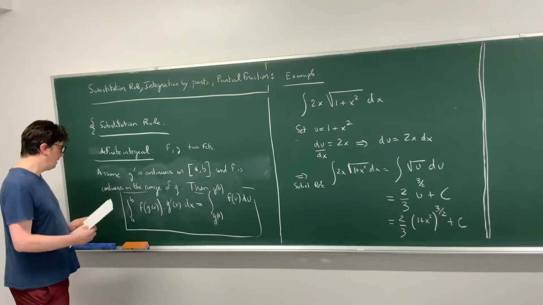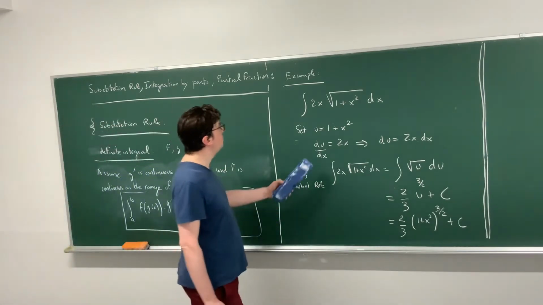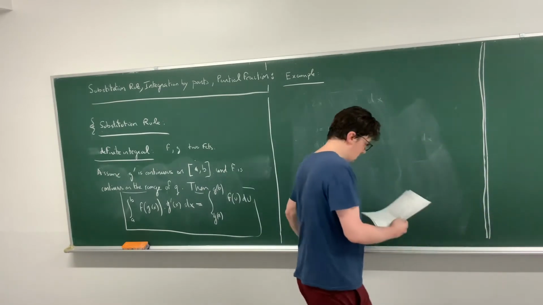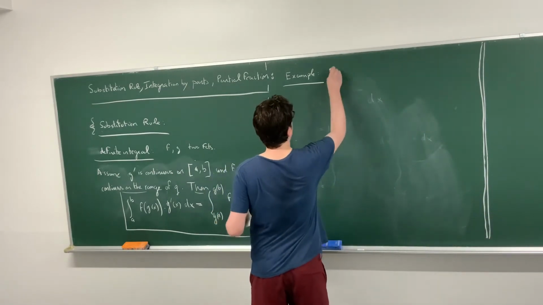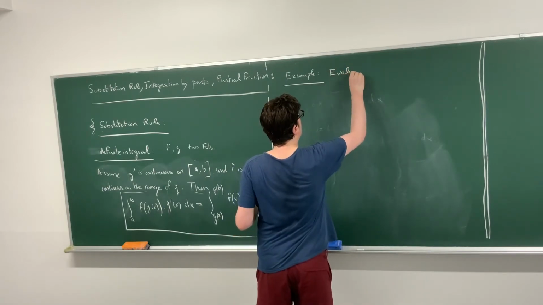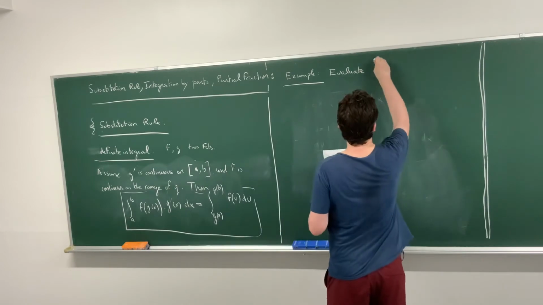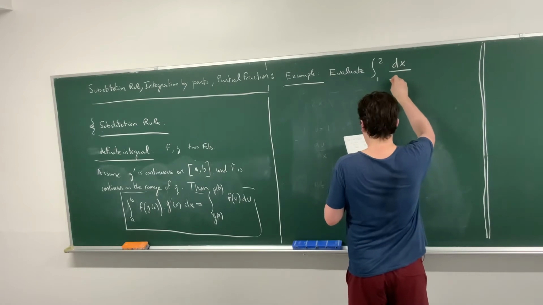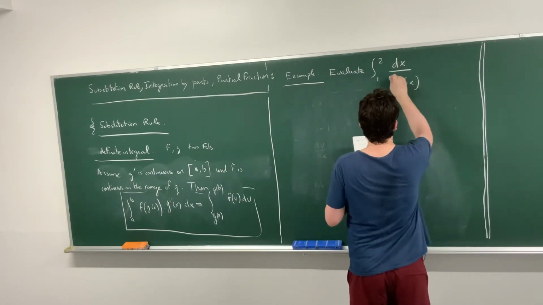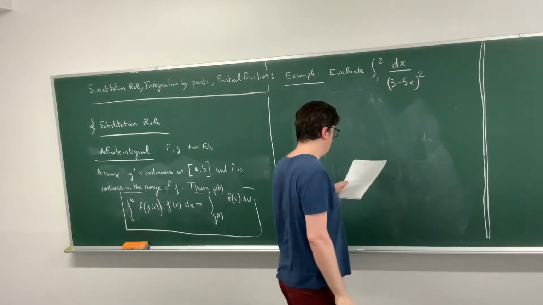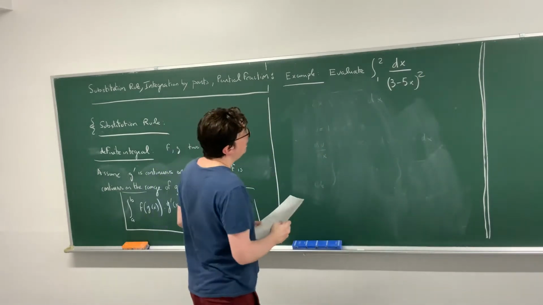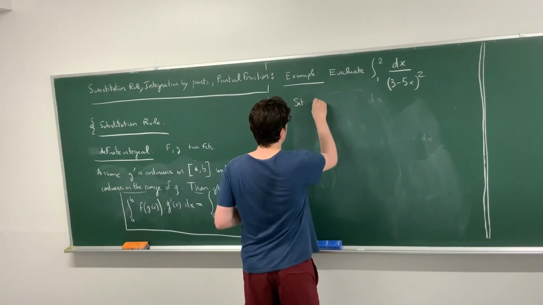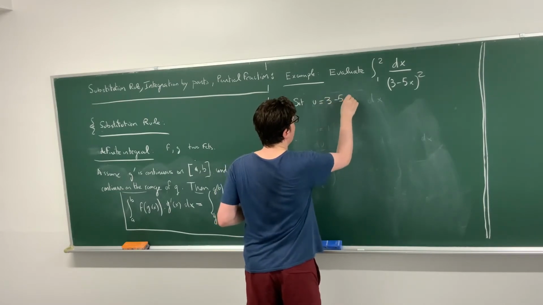Now, let's also give an example. Evaluate the integral between 1 and 2 of dx over (3 minus 5x) to the power 2. Okay, so here a smart move seems to be to set u equals 3 minus 5x.